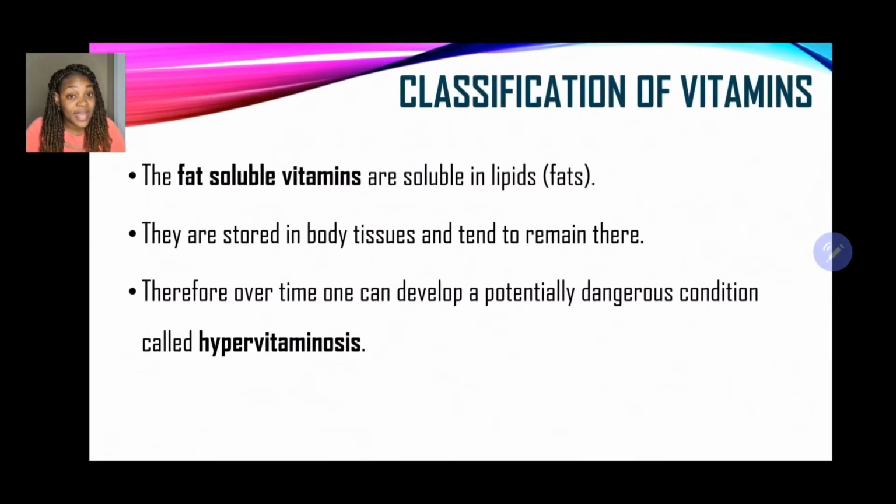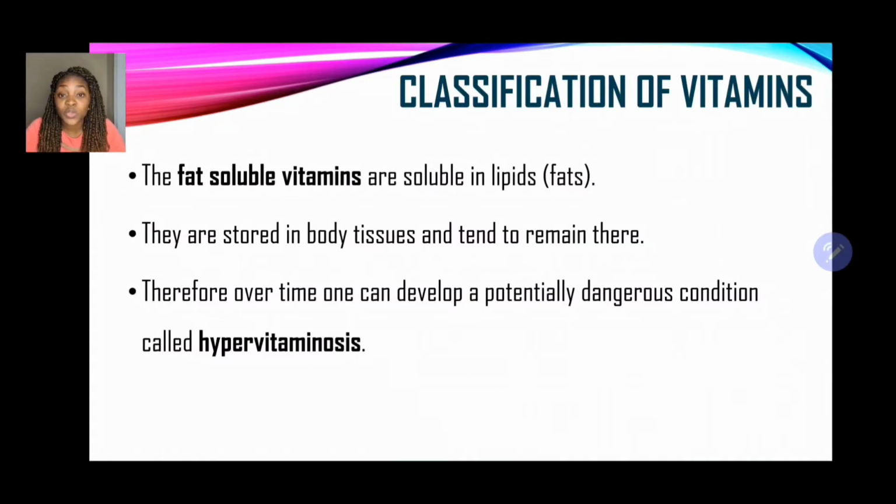Now, on the other hand, the fat-soluble vitamins are dissolvable in lipids. And lipids is another name for fats, right? Now, these vitamins are stored in the body tissues and tend to remain there. So, in contrast, you have the water-soluble vitamins that are not stored in our body, right?